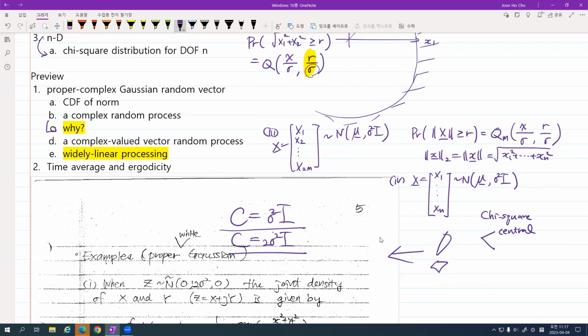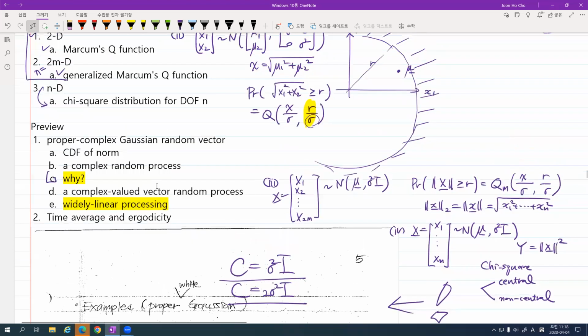If mu vector is not a zero vector, they call it non-central chi-square distribution of n degrees of freedom. As I told you, the difference is that they define y, for example, as the 2-norm square, so it's the sum of squared x1, x2, up to xn. Got it? So you can easily link the generalized Markham's Q function and the chi-square distributions with even degrees of freedom. So that's the review.